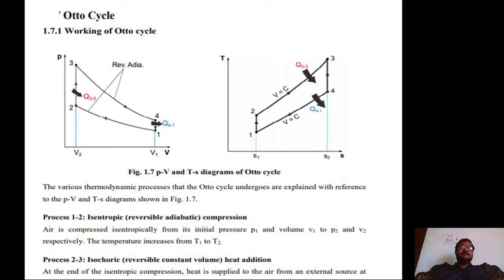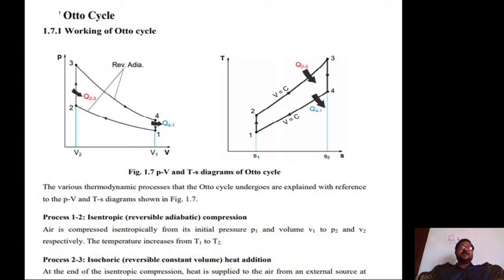Come to the analysis of the Otto cycle. First process is process 1 to 2, isentropic or reversible adiabatic compression process. See here, in 1 to 2 the compression takes place, because the pressure increases from here to here.